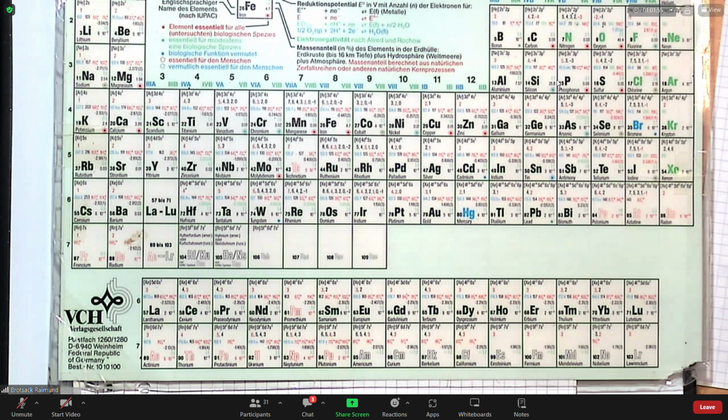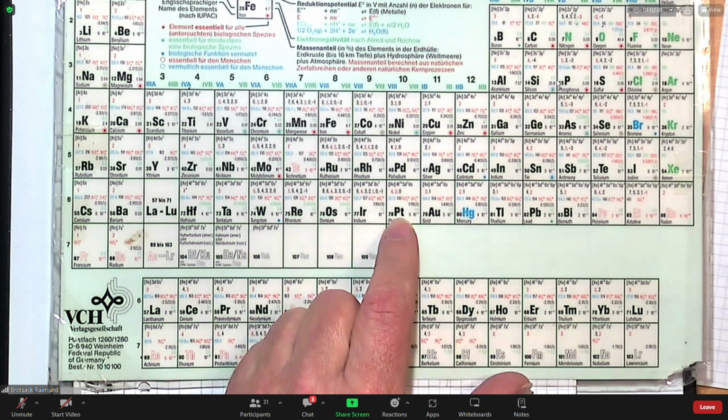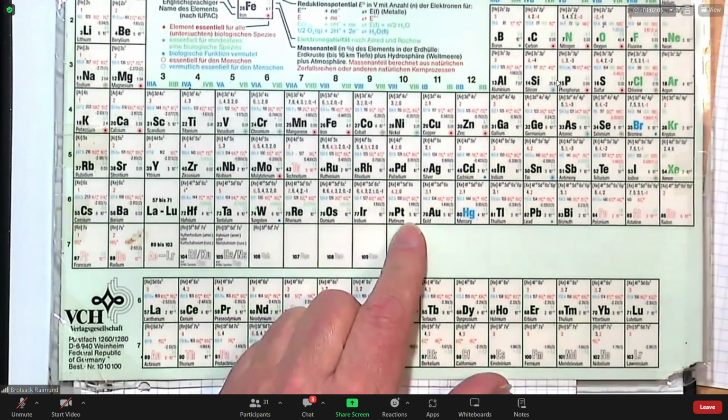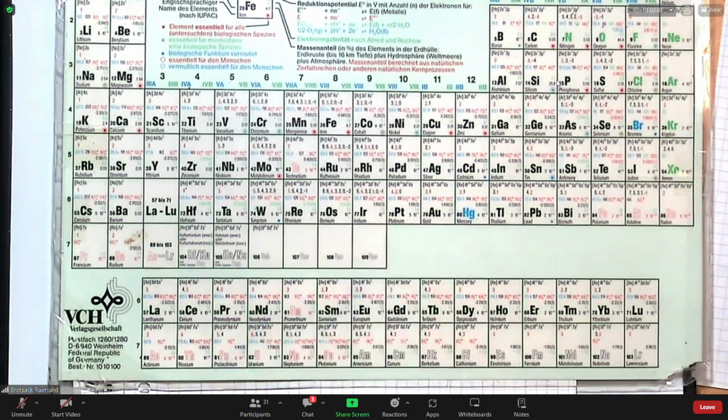If you have a broken leg, platinum normally is used to repair it, to stabilize the bones. Because platinum is very noble, so it won't oxidize in your body. It will be stable for years, and it is a very hard and stable material as well.